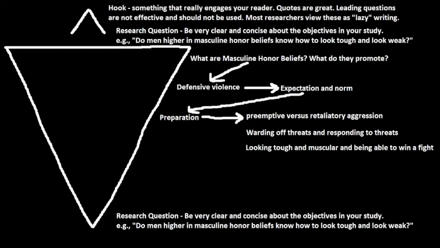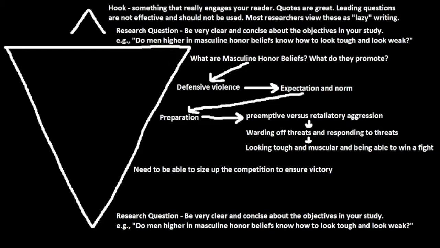So you can see now I've guided the reader from what masculine honor beliefs are, to what expectations and norms they set for men, to how this then affects men's behavior and drive for muscularity, things like being able to win a fight, so fight training and things like that. And we just guide them through to talking about their ability to actually gauge other men's fighting abilities, because I might know my own fighting ability, but I also need to know the fighting abilities of that other person.